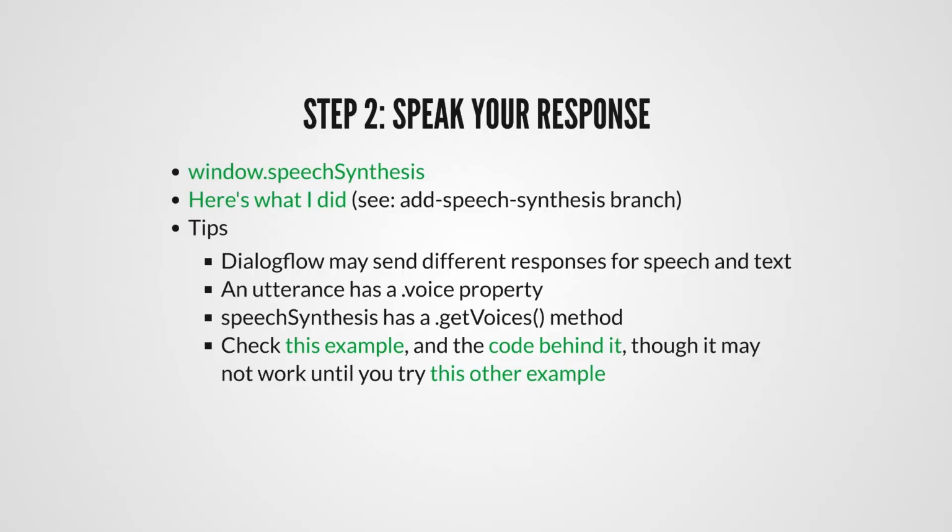So here's some of the fun stuff. Right now we're just talking about an API integration with text in, text out. That's kind of boring. The next piece is speaking the response. So there's this Web Speech synthesis property.